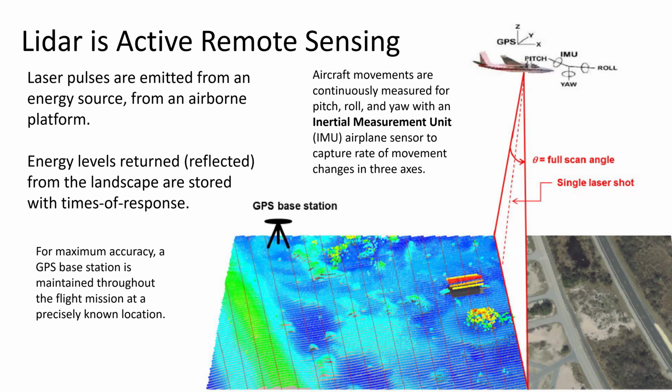You've been in an aircraft; when the wind blows, the aircraft shifts a little bit. When it's making adjustments to stay on course, the lasers are going off in a different direction, right? So it has to keep track of that through what's called an inertial measurement unit, an IMU. The IMU is constantly tracking the changes in pitch, roll, and yaw of the aircraft as it's flying, as the lasers are beaming around.